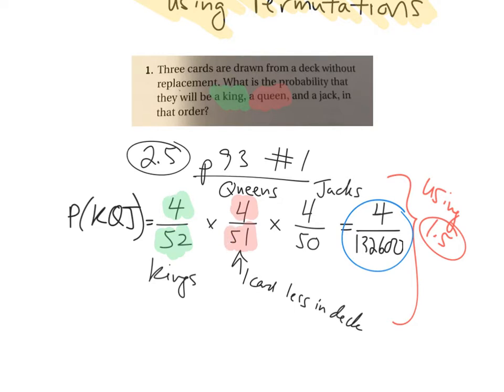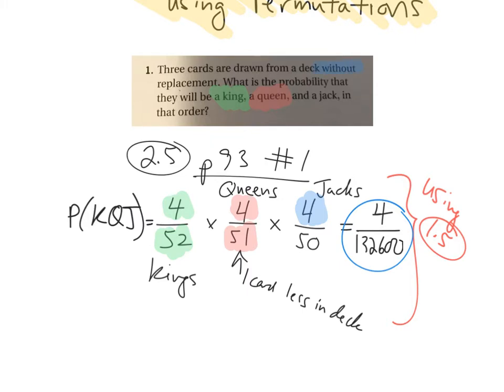And the final event in this story is drawing a jack. And you draw a king, you draw a queen, the jacks aren't affected. Drawing a jack is independent of drawing a queen or a king. So there's 4 jacks in the deck. However, the sample space is dependent because the cards are not being replaced.